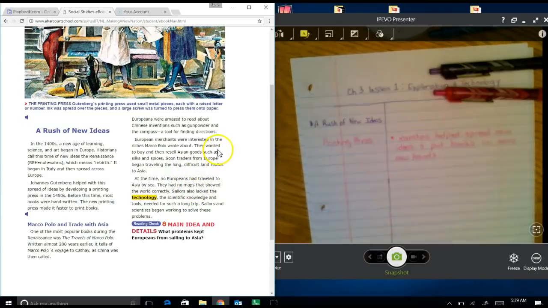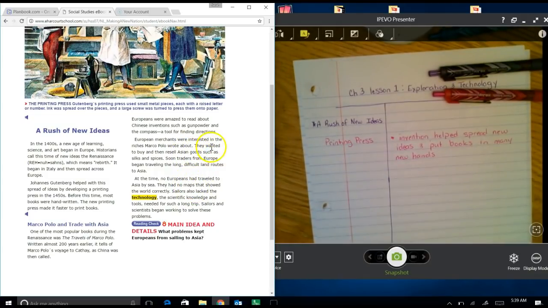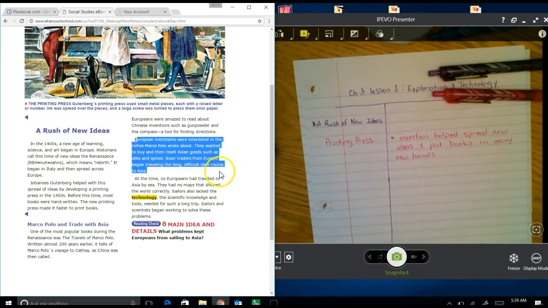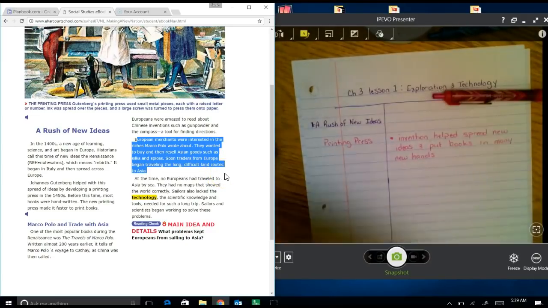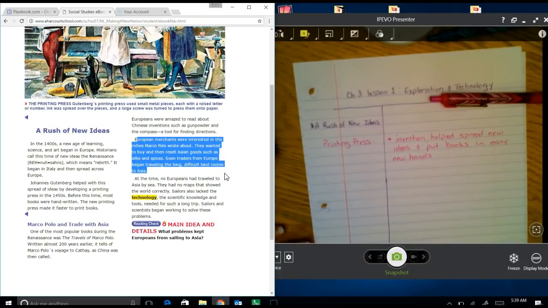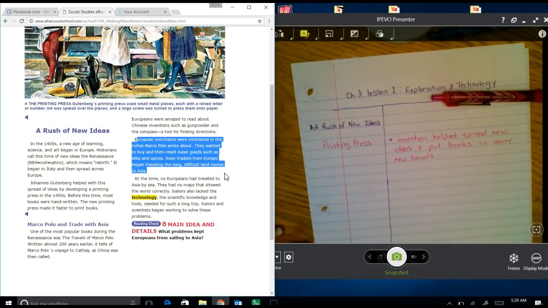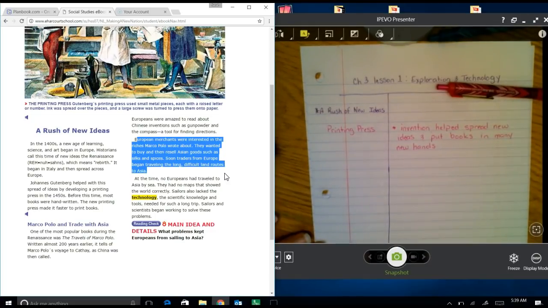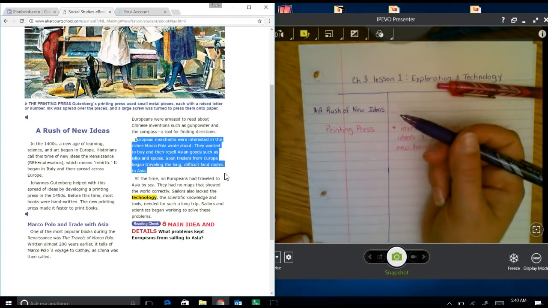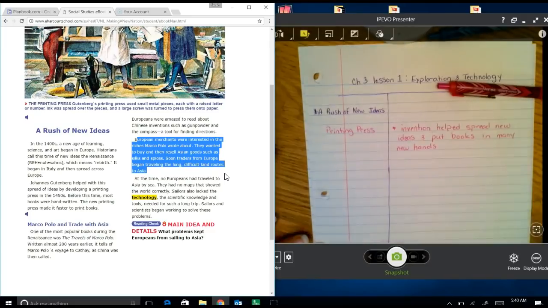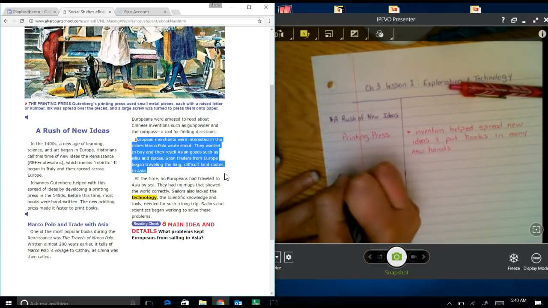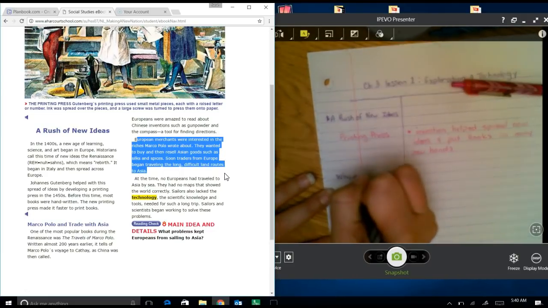So one thing that I want to put about is the problem, okay? European merchants wanted riches. This is an important paragraph right here. They wanted riches, but the travel was a very long and difficult one across land to Asia, okay? And people just didn't have the technology to be able to do that. I'm going to go back to purple, which is my one for just main ideas, okay? And I'm going to put why people wanted to travel.